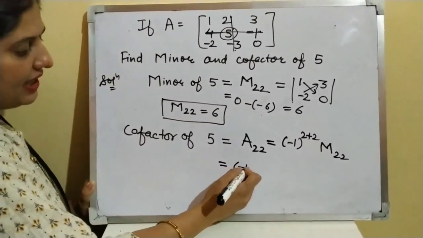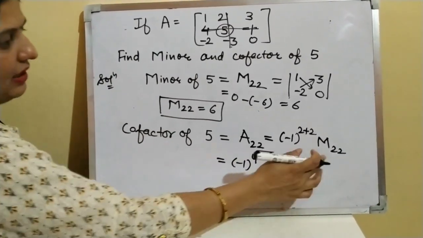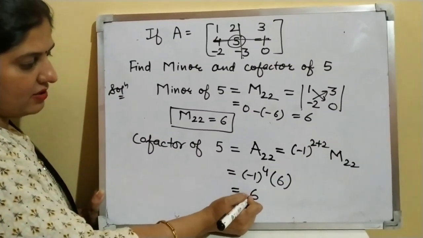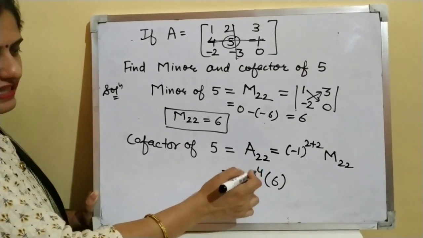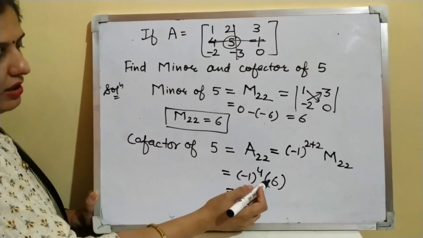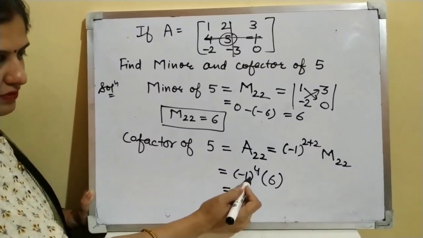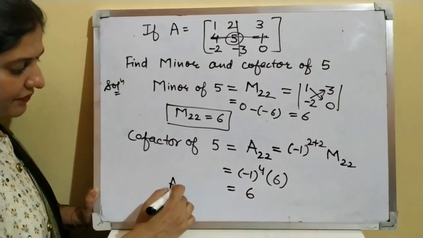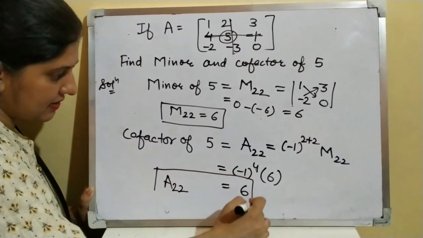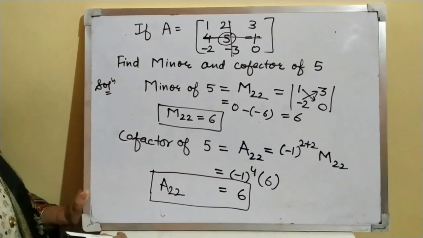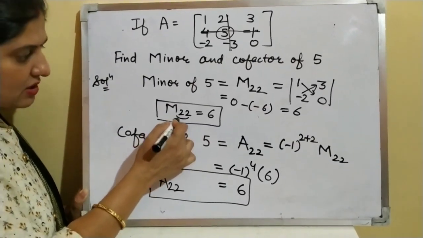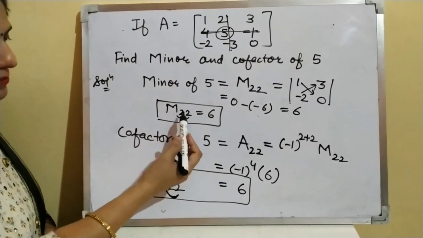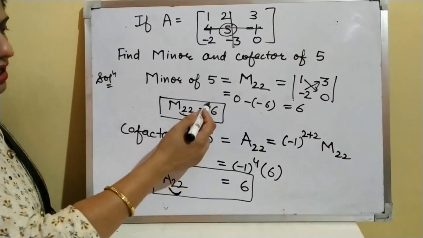So what we get? Minus 1 to the power 4 and M22 is 6. In this way we get 6. Because power is even here, and when power is even, answer of this term is positive. So cofactor of 5 is equal to 6. Means A22 is 6 here. In this way we see that when sum of the suffix is even, then minor of an element and cofactor of the element are same.